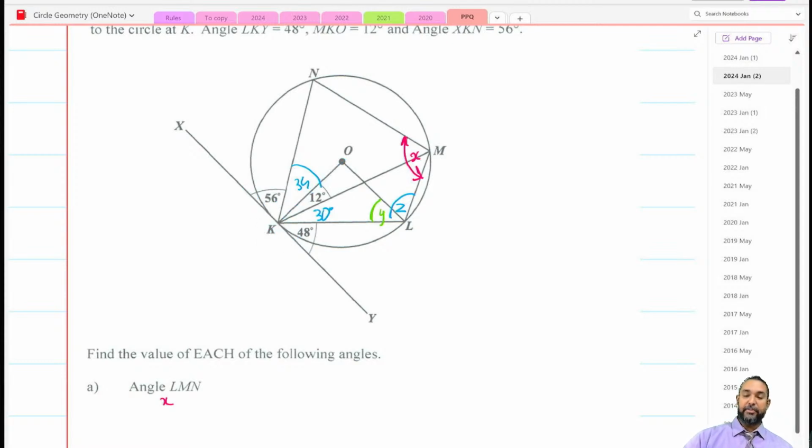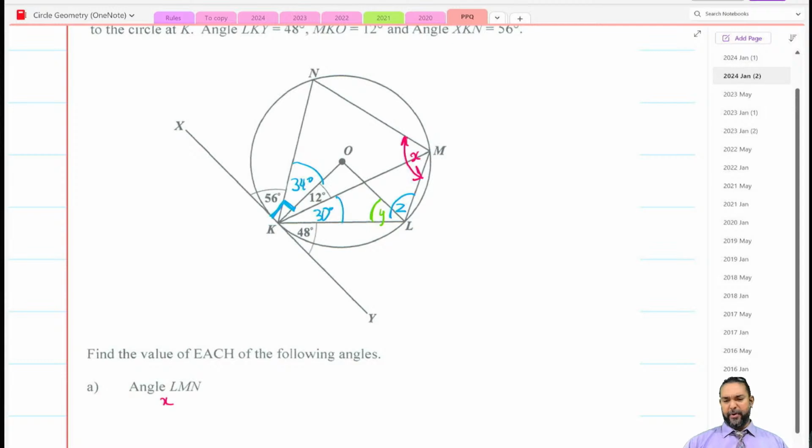So if we have a 56-degree portion on the outside, we could find the portion on the inside. Let me put in my little right angle there. So we could find all that, add up those three angles and then subtract it from one to find x. We could do that. Okay, cool.